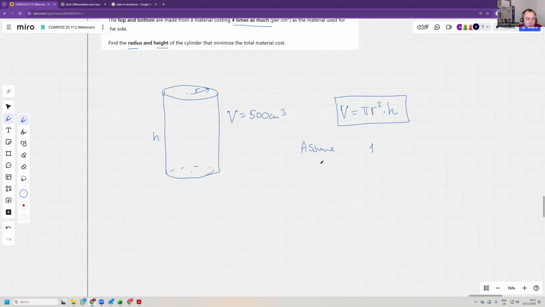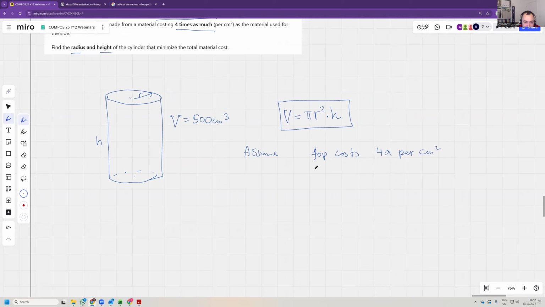Assume the side costs a per centimeter squared, and the top and bottom cost 4a per centimeter squared.